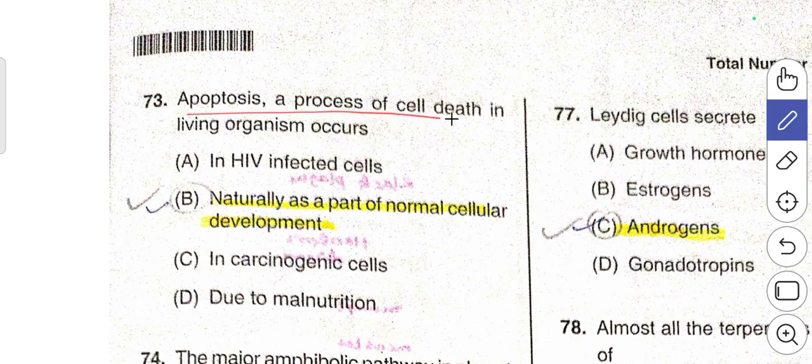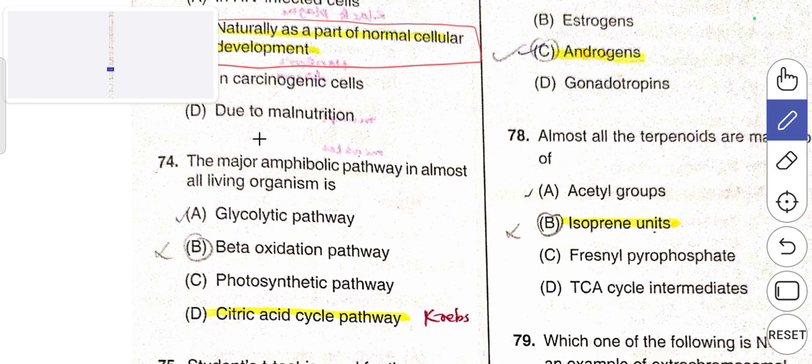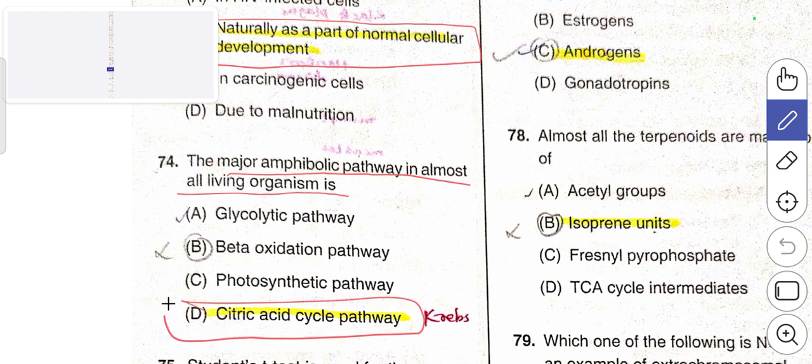Apoptosis, a process of cell death in living organisms, occurs naturally as a part of normal cellular development. So B is the right answer. Then 74. The major amphibolic pathway in almost all living organisms is the citric acid cycle, that is Krebs cycle.